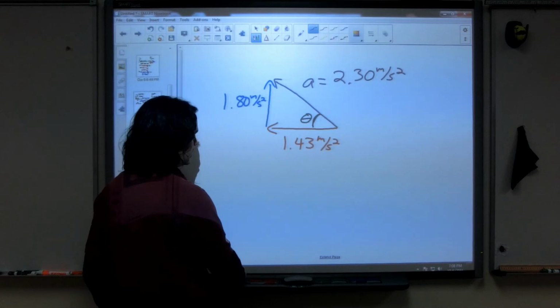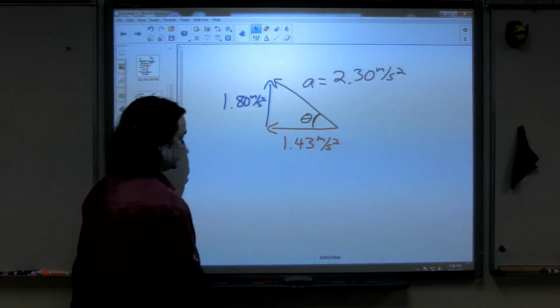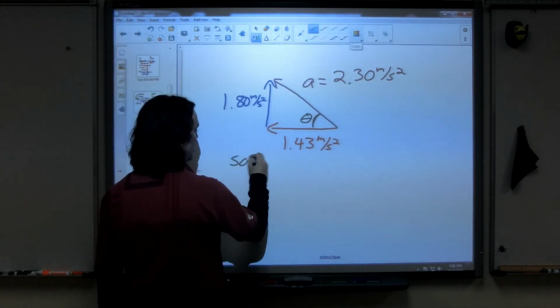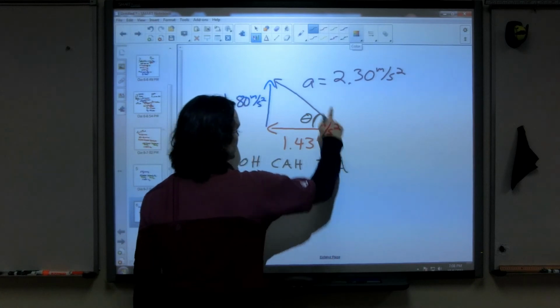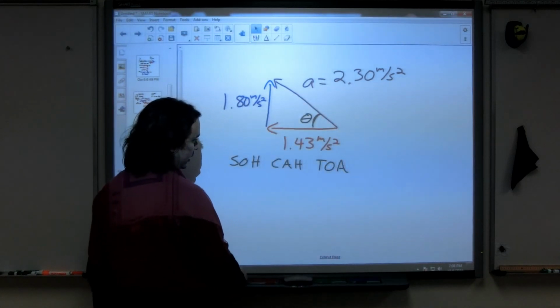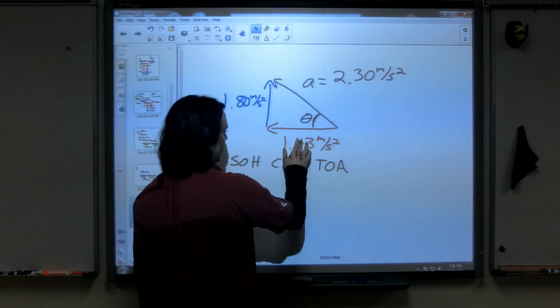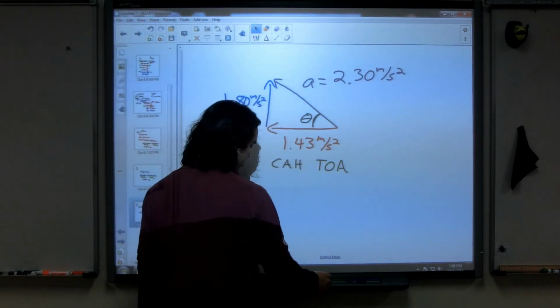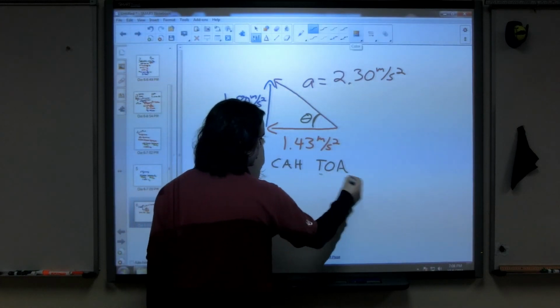So, with this, I can use some of my trigonometric functions. Remember, SOH CAH TOA. In case I've made a mistake on calculating that, which I actually haven't, I double checked the numbers, I'm going to use these two components just to be safe. So to do that, I am going to use TOA.